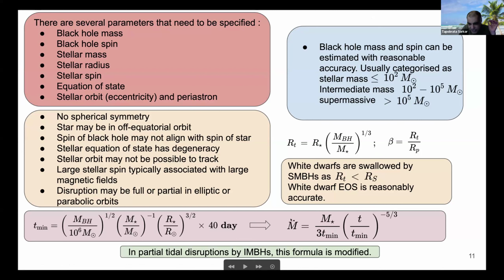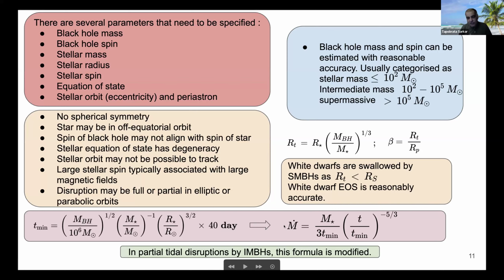And from here, you can calculate the peak fallback rate of the debris. Now, this is actually an observable. This is observable because when the debris is falling in, it dissipates energy, and you could actually locate that in a telescope, and you could actually look at the process of dissipation of energy.